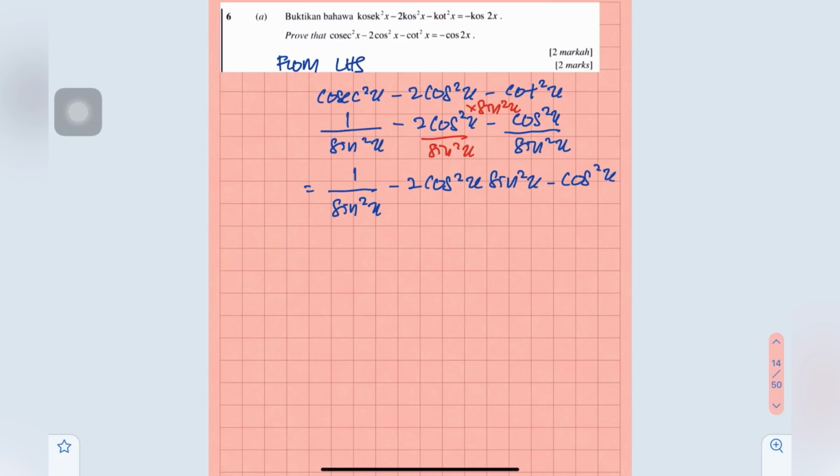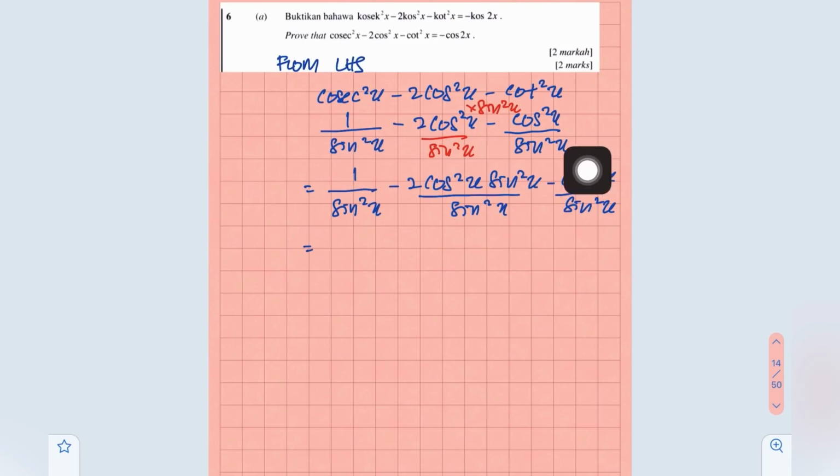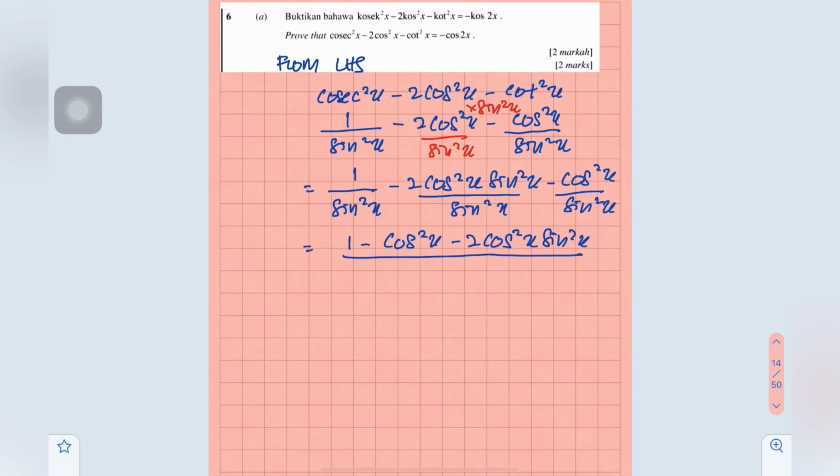Semua ni dah sama, so over sin squared x. Kita boleh rearrange. So kita nampak dah 1 minus cos squared x minus 2 cos squared x sin squared x bahagi dengan sin squared x.